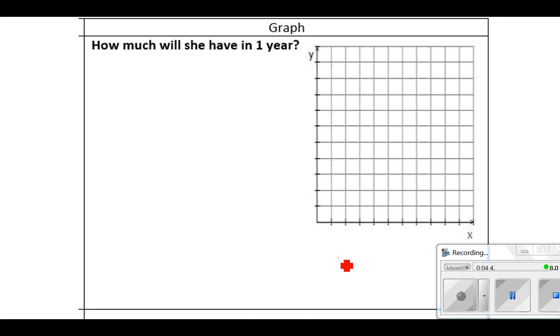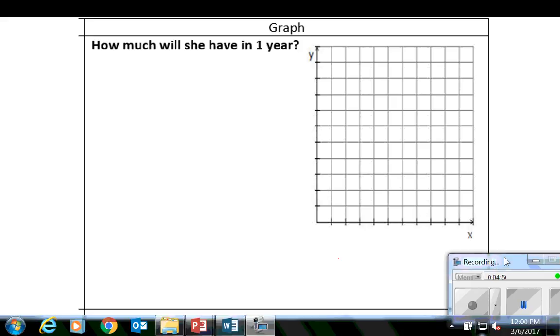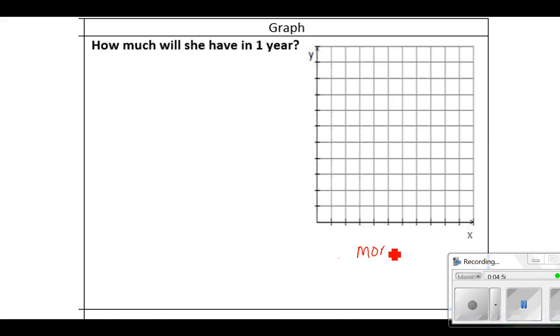For the last part, we have how much will she save in 1 year, and we also have a graph. If we're graphing, we have to label the x and y axes. If I look at my table, I know we have the months for the x and how much money she has for the y.